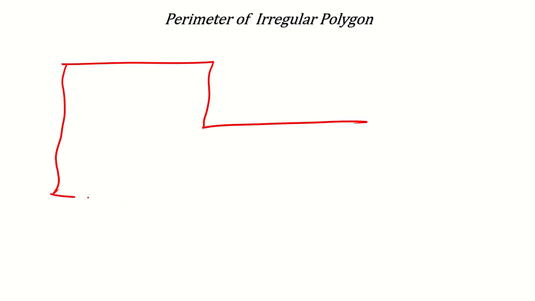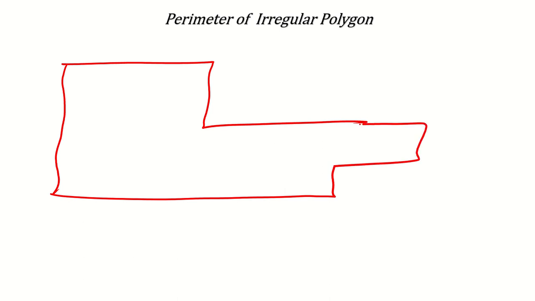Okay, now the next question can be the perimeter of an irregular polygon. Perimeter means like this. Maybe they will give you one picture like this, or anything like this. Okay, so what you can do here, perimeter means border line. Perimeter means border line. So if a graph is given to you, then it will be very easy for you, because in that case they will give it in boxes like this.